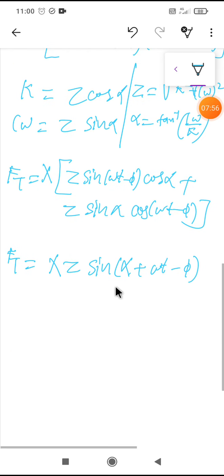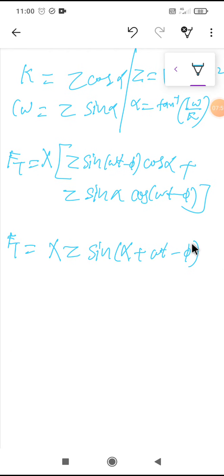Now as you can see, here there are two angles, phi and alpha. So the difference between the two angles, let's give a new constant, that is gamma. So gamma is alpha minus phi. So what is this?